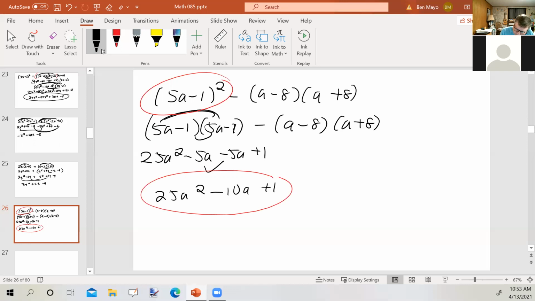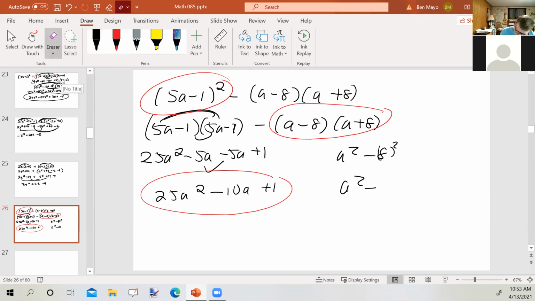Now, let's take a look at this. That's going to be what? A squared minus 8 squared, which is a squared minus, not 16, a squared minus 64. But here's where we've got to be really careful.